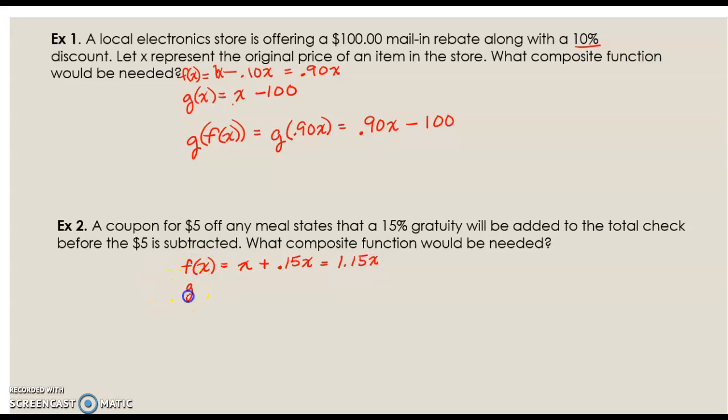All right, the g of x is going to subtract $5. So the function that would represent this is g of 1.15x. You have the 15% gratuity added first, and then you take off $5. So that would be what was needed.